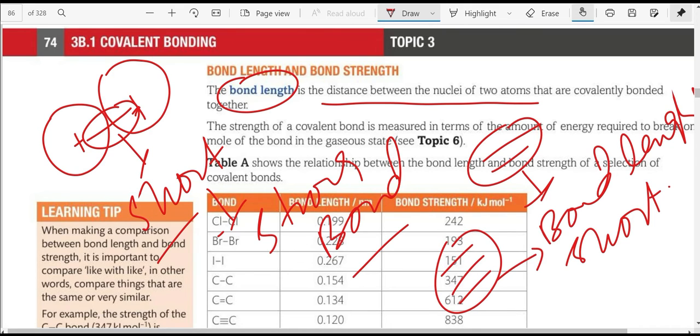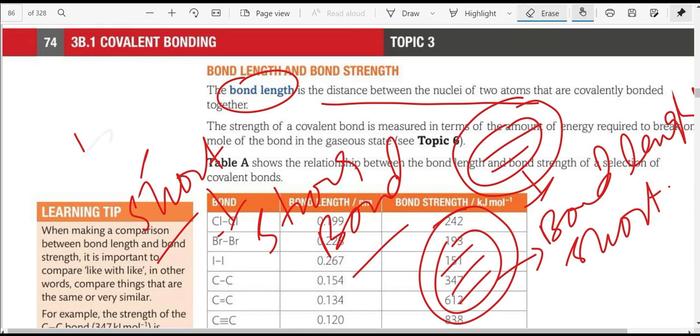So when you're comparing a single, double and triple bond, the triple bond is the shortest, double bond is the second, and then single bond is coming after that.